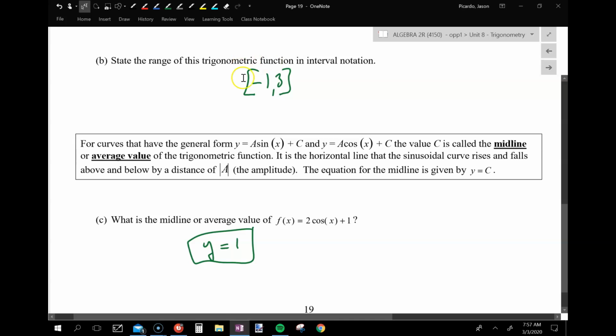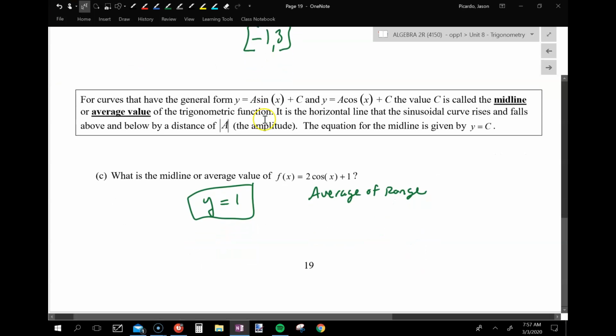The midline is the average of the range. So how do you find the average of two numbers? Add them together and divide them by 2. So that's another way that you can find the midline.